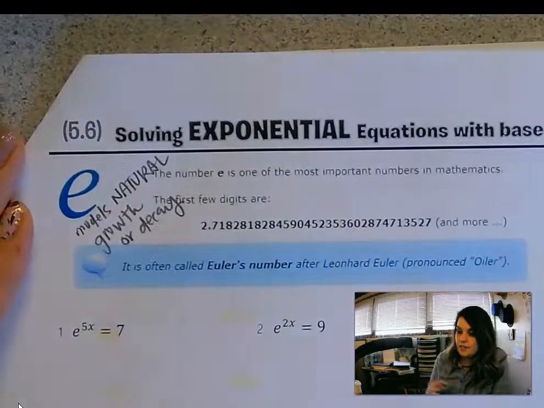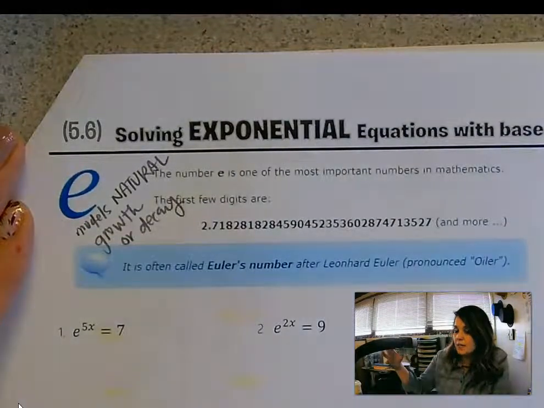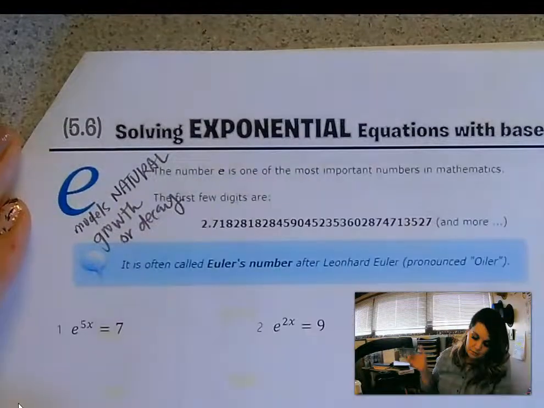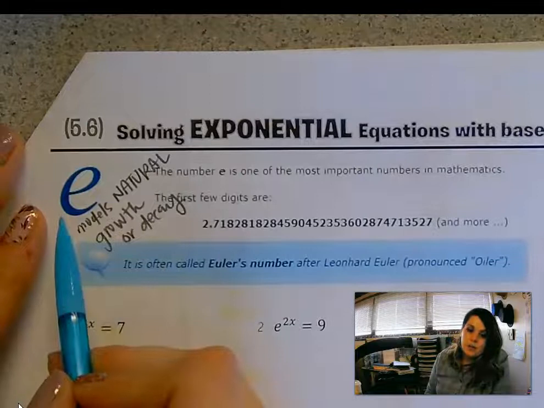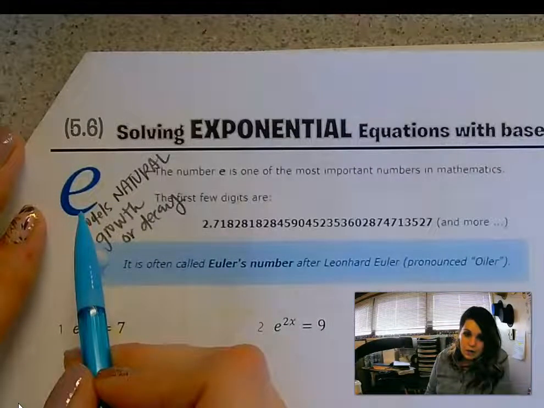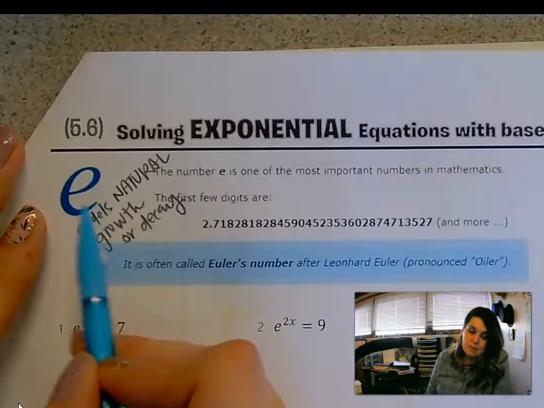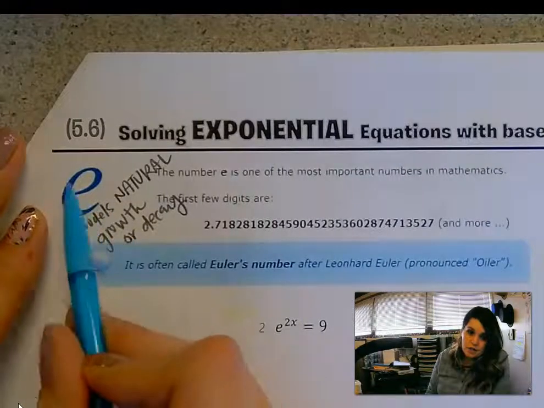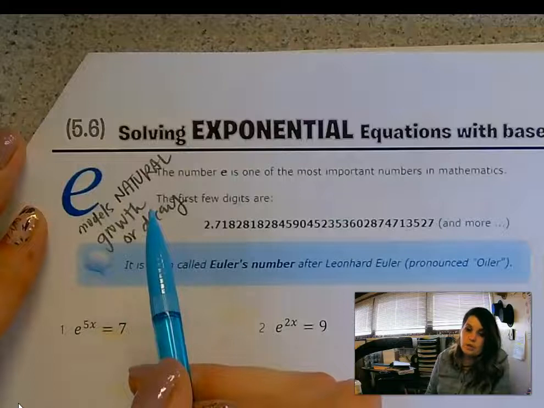Bacteria, the COVID virus, growing in your body and then decaying, and you get better. The reason that we have the natural log is because e models natural growth. So that's why the inverse of e is natural log.